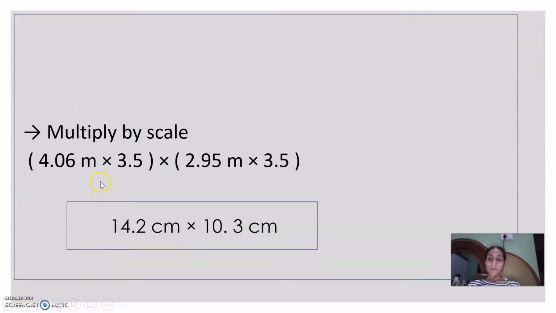So now we'll be multiplying the measurements by the scale. That is, we get 4.06 meters into 3.5 centimeters, into 2.95 meters into 3.5 centimeters, which gives us 14.2 centimeters into 10.3 centimeters.